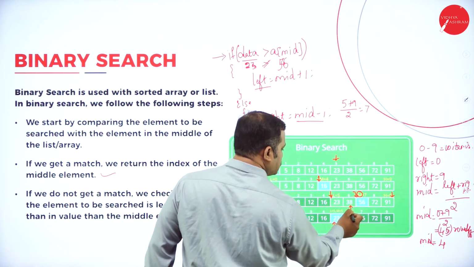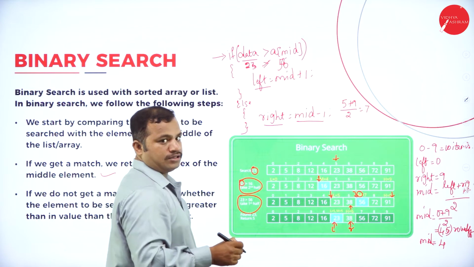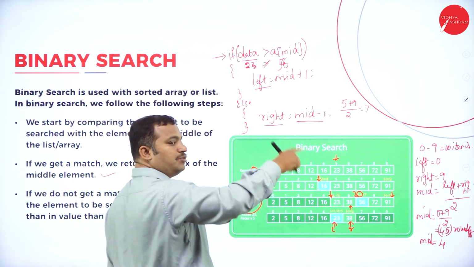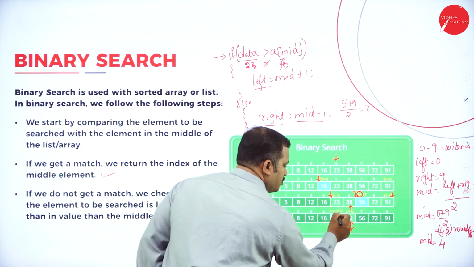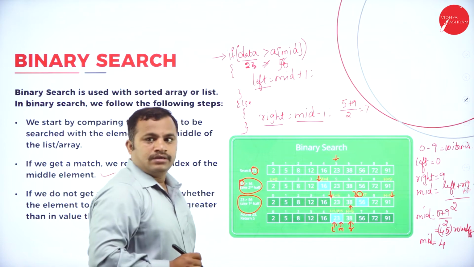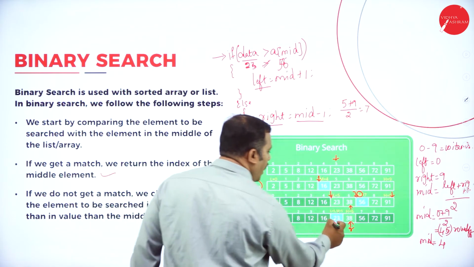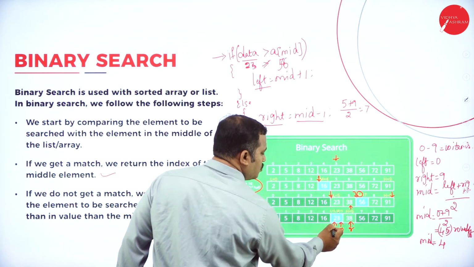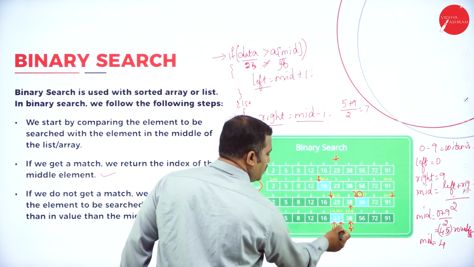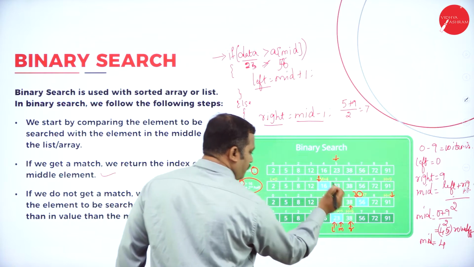5 plus 6 by 2. 5 plus 6 is what? 11. 11 by 2 is 5.5, which is rounded off to 5. So this becomes your mid. In the next iteration, you have left is equal to 5, right is equal to 6, middle is equal to 5.